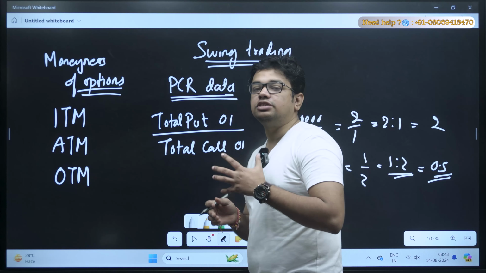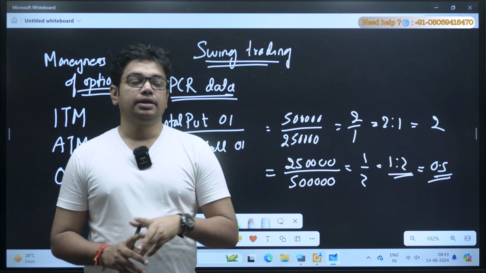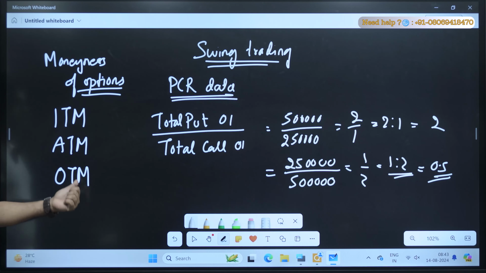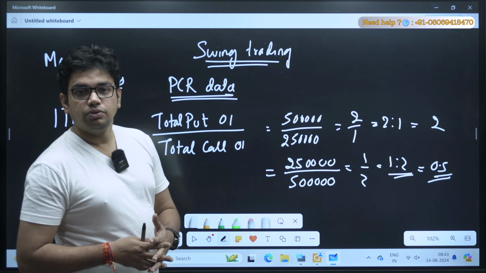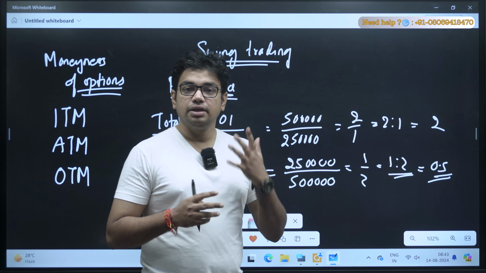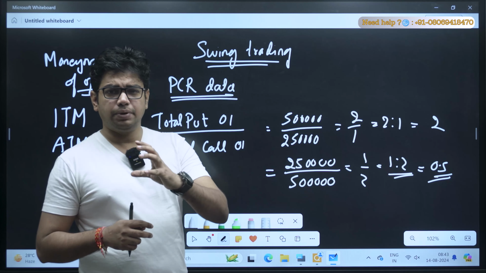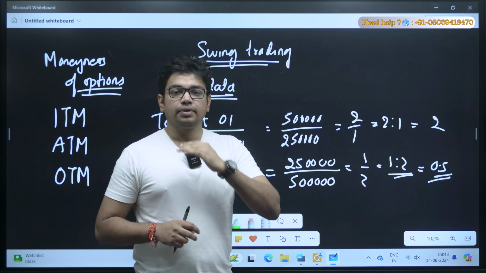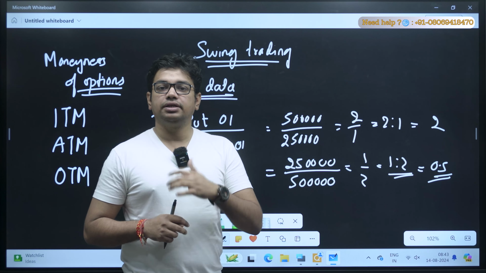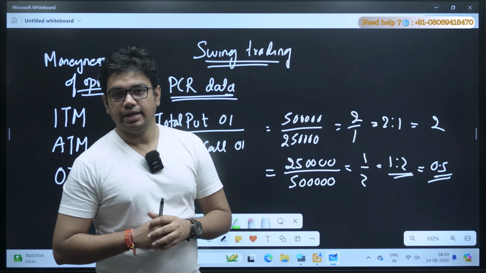Now it is very important to consider which strike is more important, which strike drives the spot value of the underlying asset, that is, which plays a significant role in deciding the direction of that underlying asset.